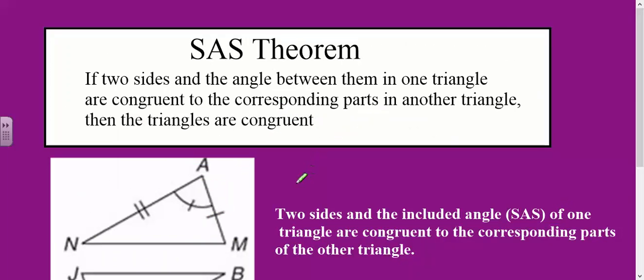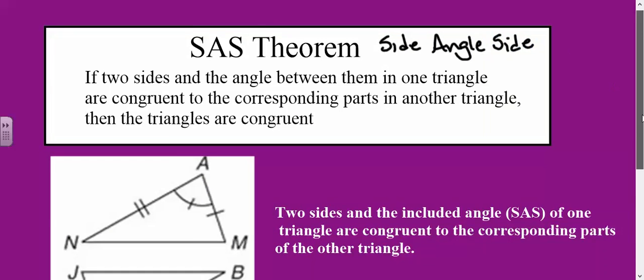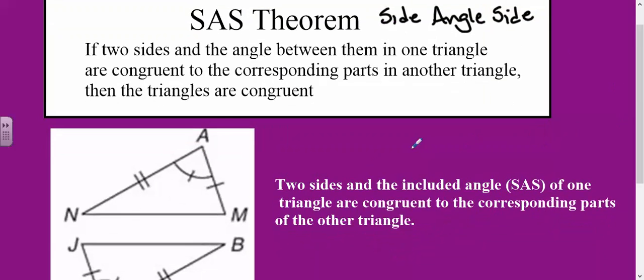All right, the next one is the SAS. That one stands for, you guessed it, side, angle, side. So that means in order, you have to have a side and an angle in between the next side in order for them to be congruent. So if you look at this rule, it says if two sides and the angle between them in one triangle are congruent to the corresponding parts of another triangle, then they're congruent.